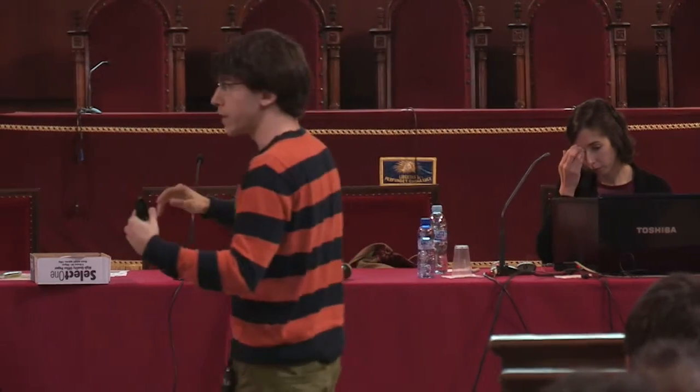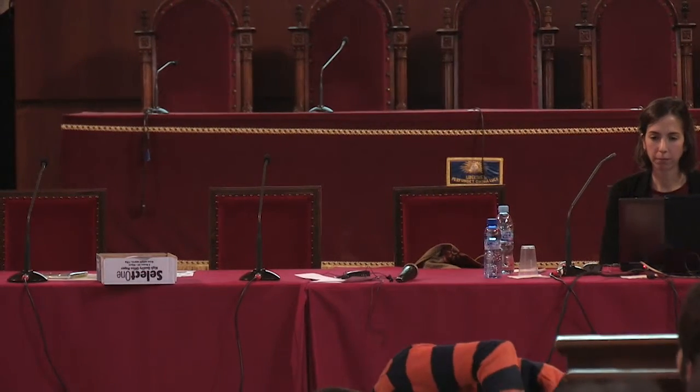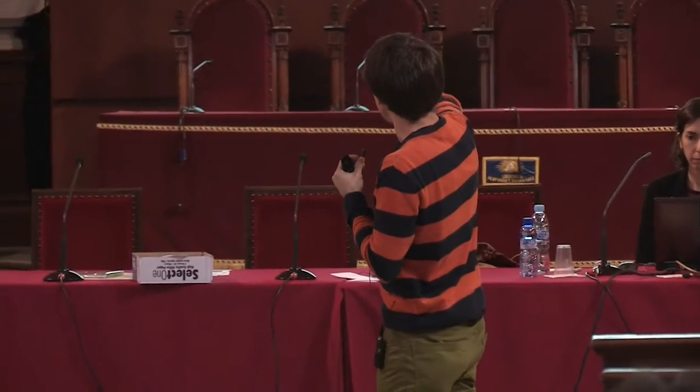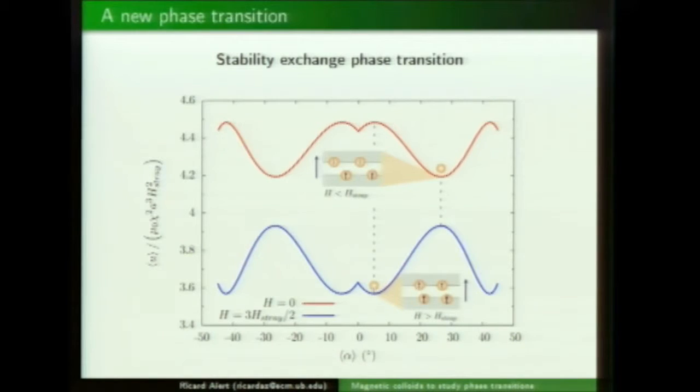Now let's imagine that I apply an external magnetic field and tune these interactions, and when this external magnetic field overcomes a certain threshold, the energy just flips down. It gets completely inverted, okay? And it becomes like the blue line here. And so what before was a stable state is now unstable. And the previously unstable states are now stable, okay? We have inverted the stability of all the states of the landscape.